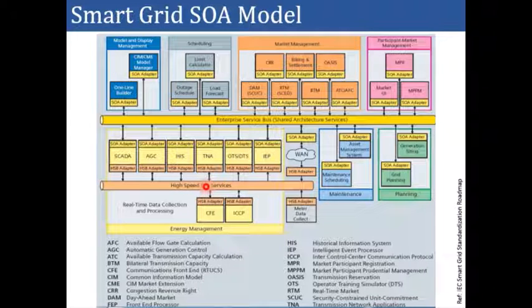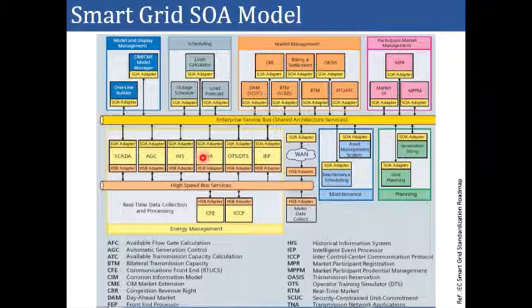So this bus as well as the enterprise service bus both will have the standard data format for consumption by various applications. Now again the problem is that applications like AGC, HIS, TNA and so on have the data processed in a local data format and the output is also generated in a local data format.